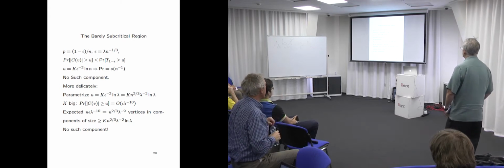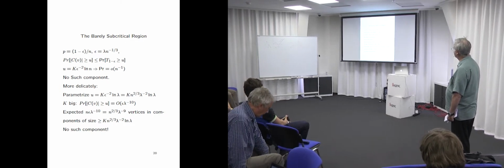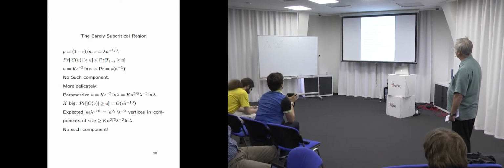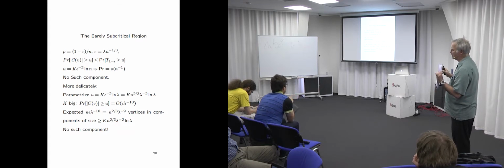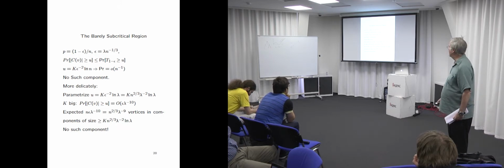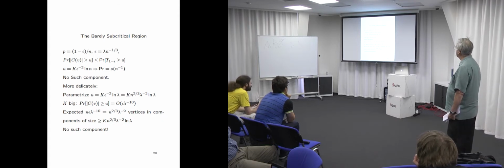Okay. So what happens is, in the barely subcritical region, when epsilon is lambda n to the minus 1/3, we bound the chance that you get a component of size u by the Poisson process. But we know that, remember we had the epsilon to the minus 2, if we throw in a log n, and if we want to be really fine, we want to be even more careful about that. But let's assume log n is negligible. There are some delicate things here, but most of the time, let's just throw in the log n.